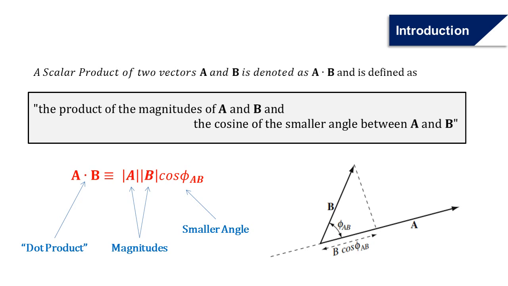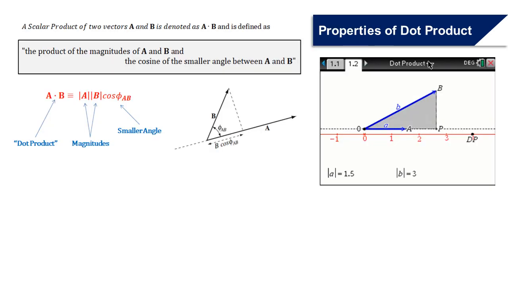Tinatawag natin projection of vector B along or in the direction of vector A. Okay, so pag-usapan natin yan mamaya. So bago yon, let's discuss ano ba yung mga properties ng dot product.